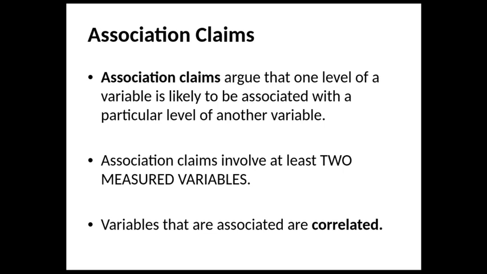We can look at things like height and weight in children. As children grow, their bones get bigger, their body mass gets bigger, they need more skin. So they tend to get bigger and gain weight.